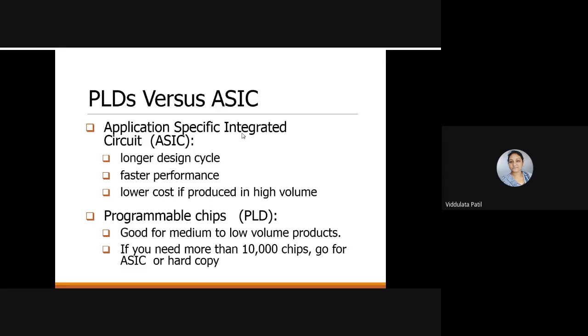Okay, so as it is going to work for a particular application only, so specific application साठी आपण हे डिझाईन करतो, so त्याचा परफॉर्मन्स हा फास्टर आहे. And if we are going to produce these ASICs in large volume, so it has a lower cost. But if you are going for a single IC only, then it may cost a bit higher.